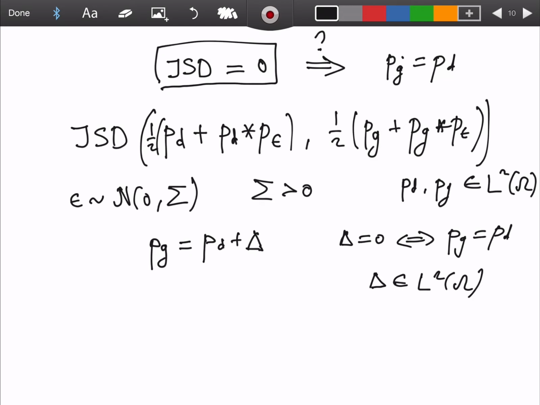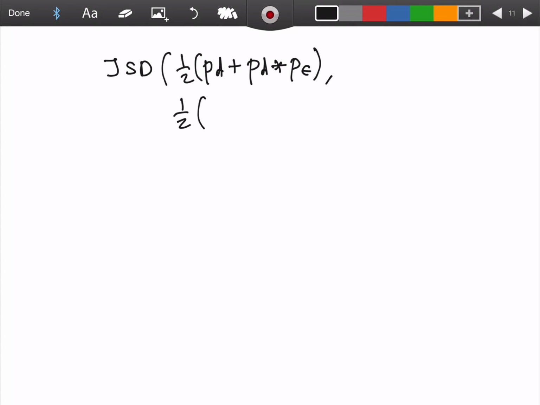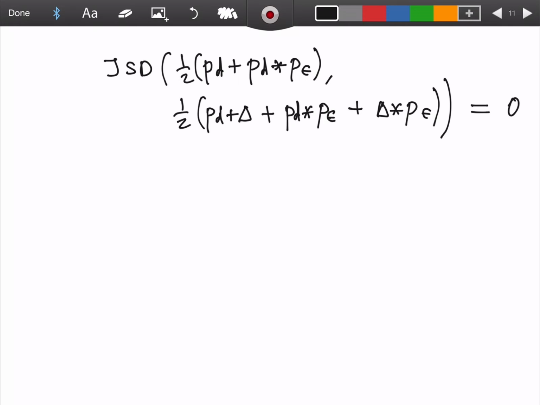So I know that this distance between, let me write it like this, half PD plus PD convolution with P epsilon, and 1/2 of PD plus delta plus PD convolution with P epsilon plus delta convolution with P epsilon, I know that this distance equals 0, okay?